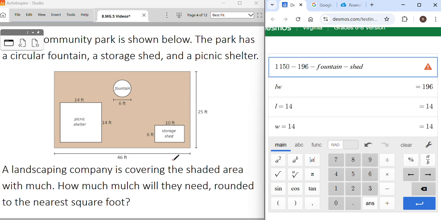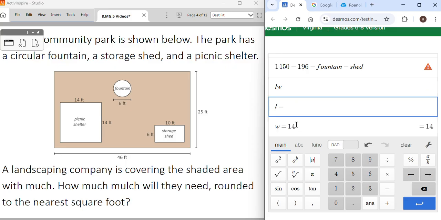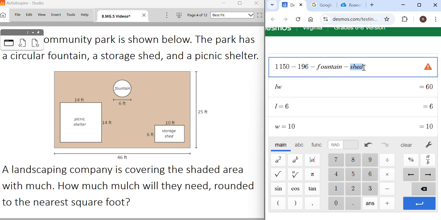Now I'm going to go ahead and do the shed because, again, it's a rectangle, and then I'll go back to the fountain. So let's look at the shed. It is 6 by 10. So I'm going to put a 6 in and a 10 in, and that gives me an area of 60. So I'm going to take shed out and replace it with its area.